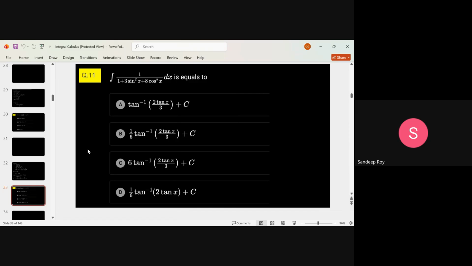This is also a standard procedure integration, right? There is a standard approach to solve this one. So first you try once, then we'll tell what to do.